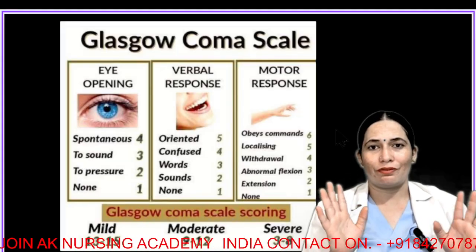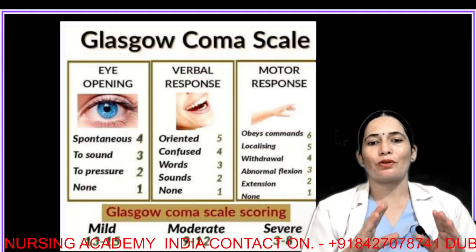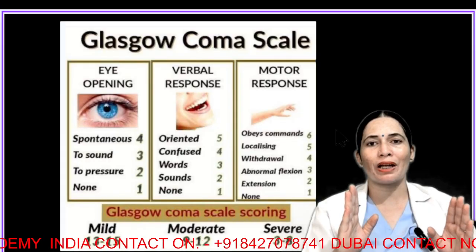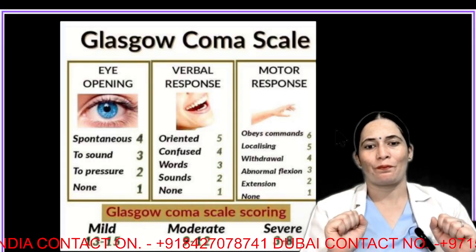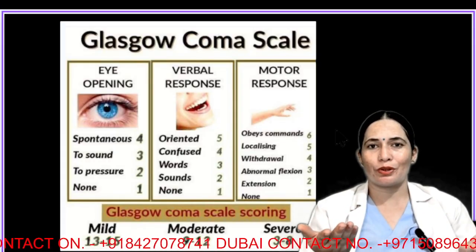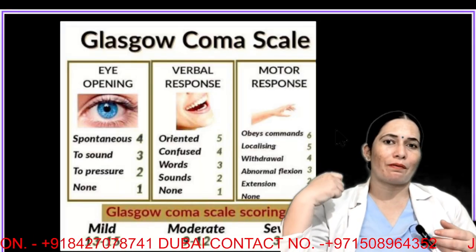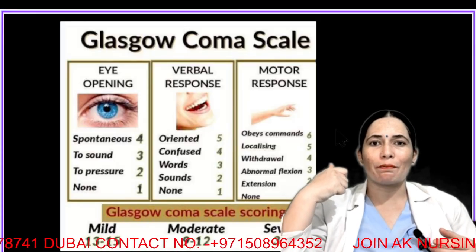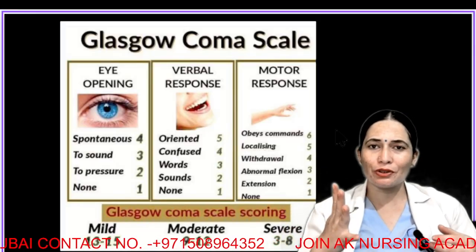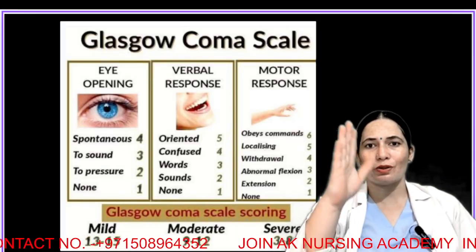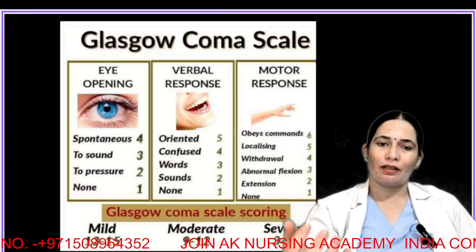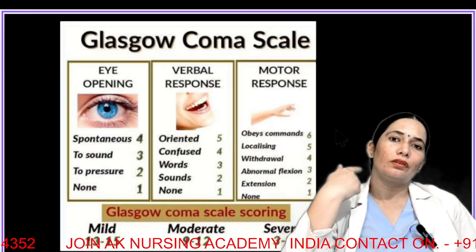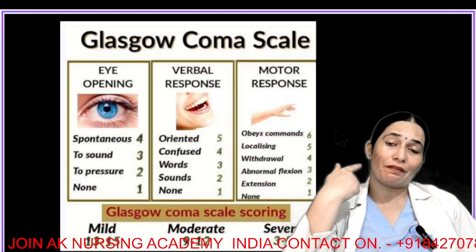Withdrawal. Withdrawal means the patient wants to remove his extremity from that painful area. That is a normal flexion, we can say. If we put pressure on the trapezius muscle, the patient uses not the second hand, only the same hand, and it comes here but not up to the clavicle bone.